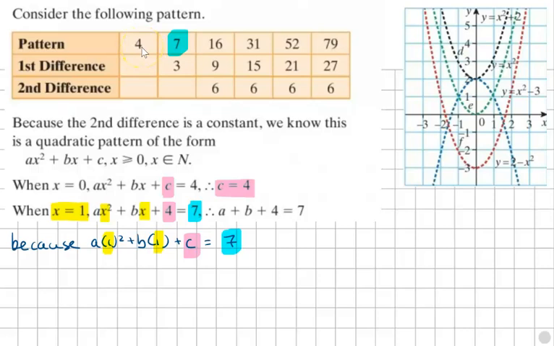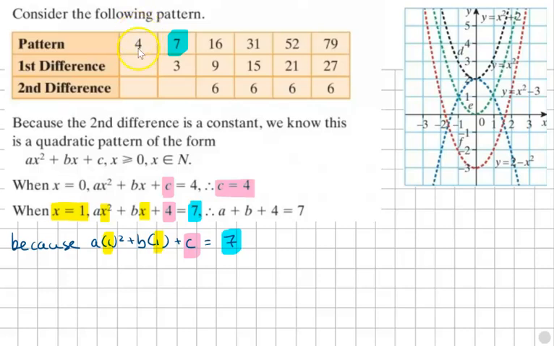So if we are subbing into our function, not our nth term, our first x value will always be 0. And what happens is the x squared term will cancel, the bx term will cancel, and you'll be left with your y-intercept. And in this case, the y-intercept is 4. So 4 is our first term in the pattern.